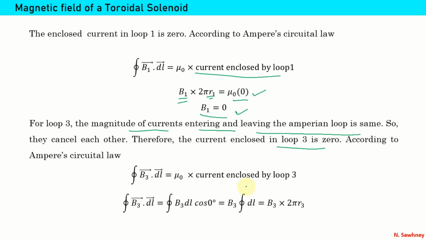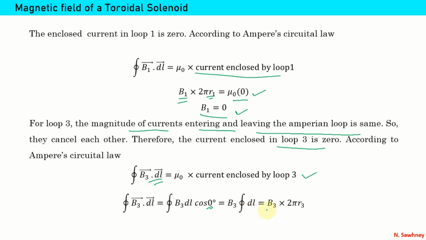Then again by Ampere's circuital law, the line integral of B dot dl is equal to mu naught into the current enclosed by loop 3, which is 0, and the left hand side becomes B3 dl cos 0, because the direction of the magnetic field and the line element is the same.